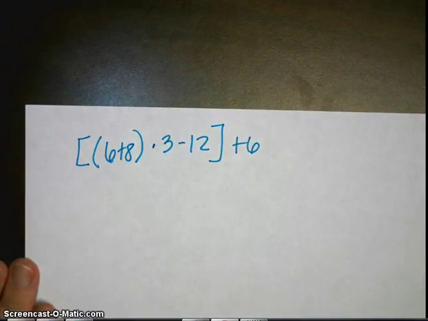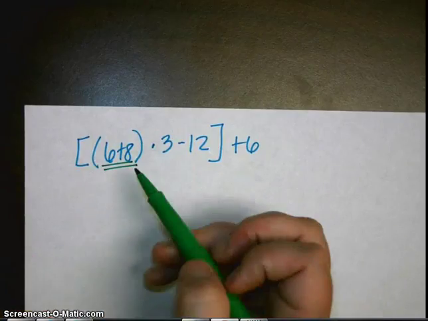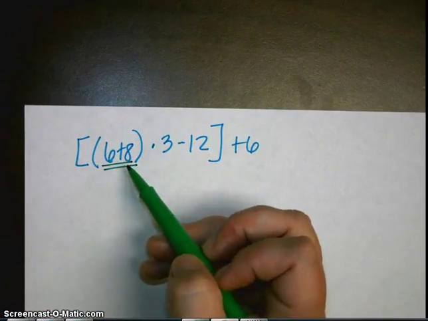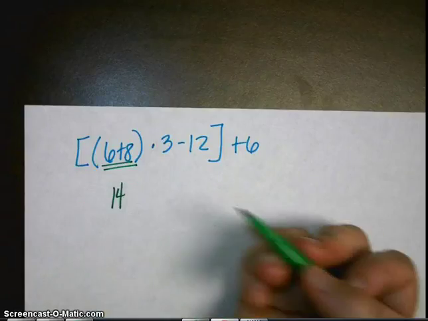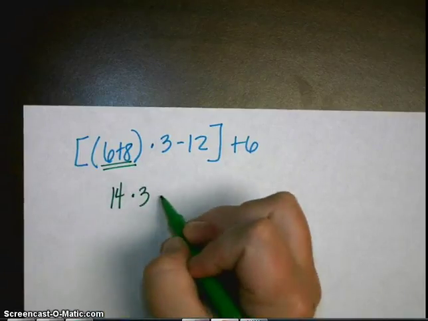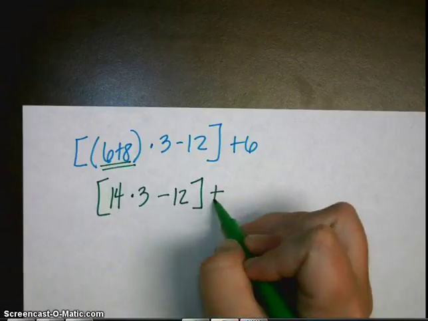Again, PEMDAS. I'm going to do parentheses or brackets, the most inside, which happens to be here. Even though this is addition, it's inside of parentheses, so it comes first. 6 plus 8 is 14 times 3 minus 12. Put my brackets out, plus 6.